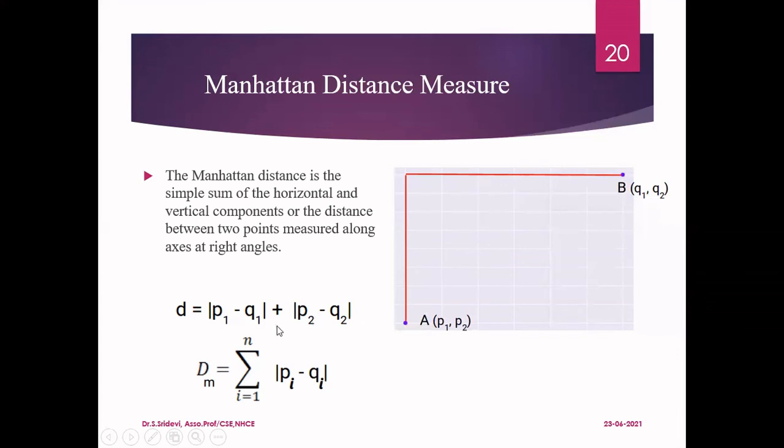But distance is never 0. You have a certain distance between the 2 points. So you take the absolute value of this. So for the n-dimensional plane, you can write this equation as the Manhattan distance dm, which is nothing but sigma i equal to 1 to n of the absolute value of Pi minus Qi.